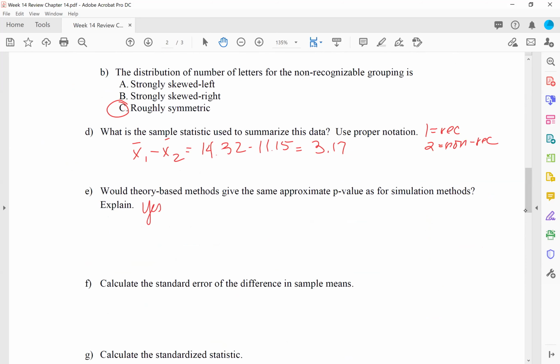So yes, the sample sizes are both greater than 20. We have 26 and 25. And the sample distributions are not strongly skewed.